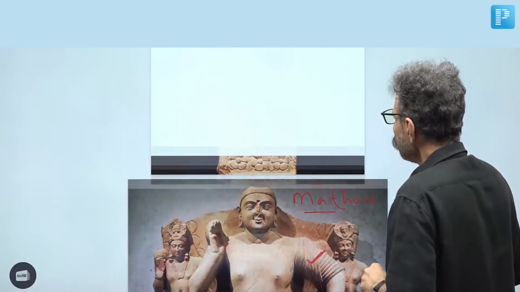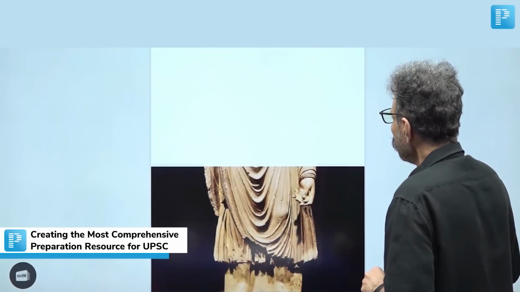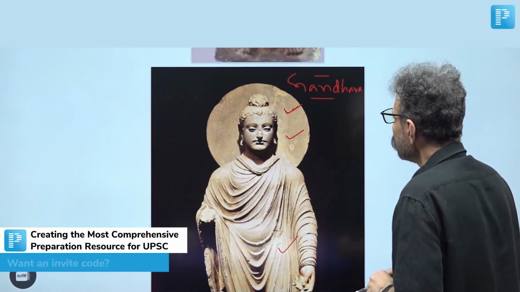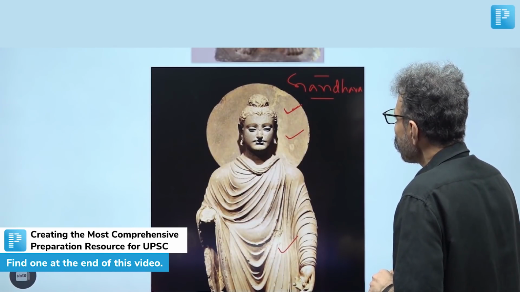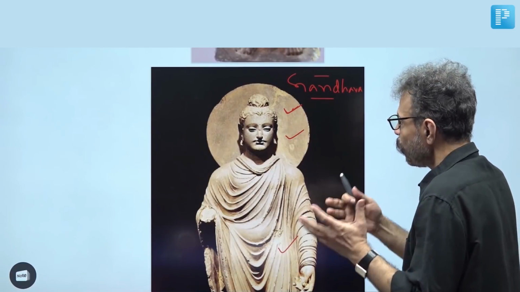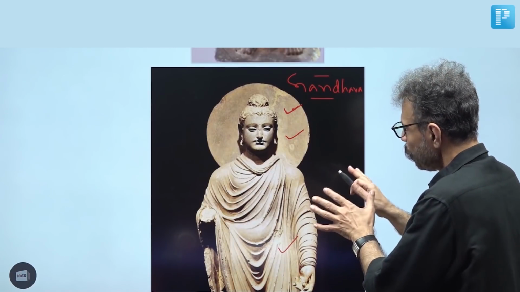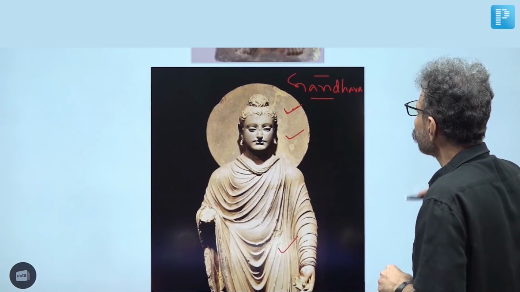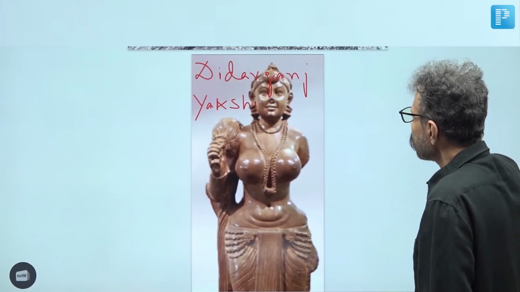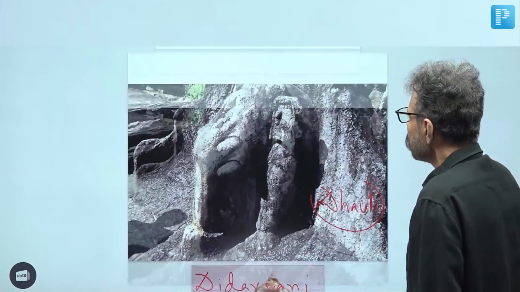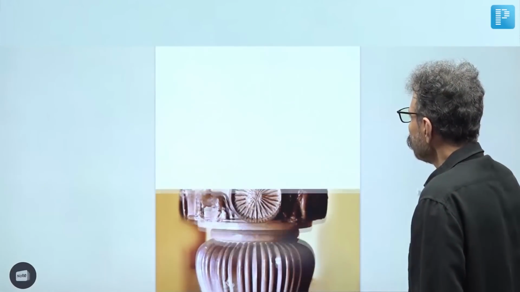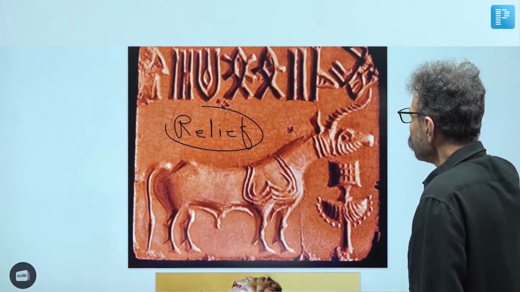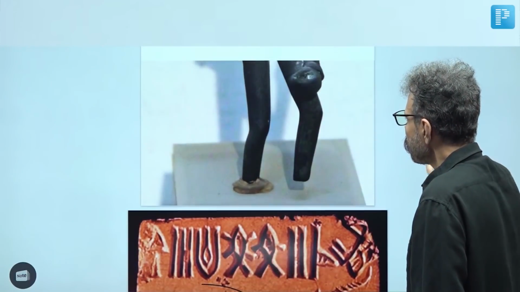A very remarkable feature of the Gandhara school, or a sculptural school or a style, is the foreign influence that is visible in this image. But I have a presentation for you. Take a look. In this presentation, you find all the features representing foreign influences.